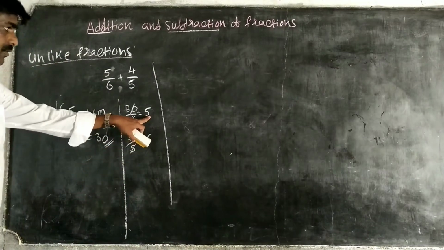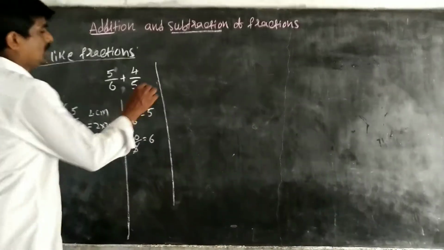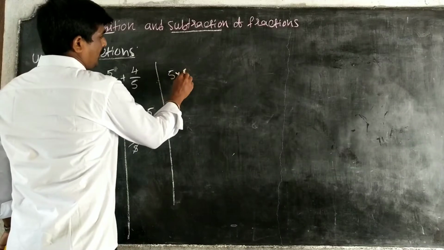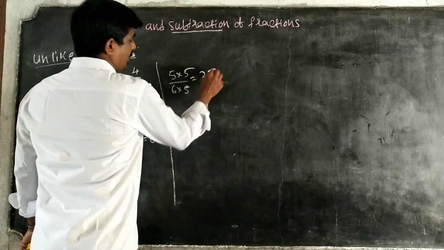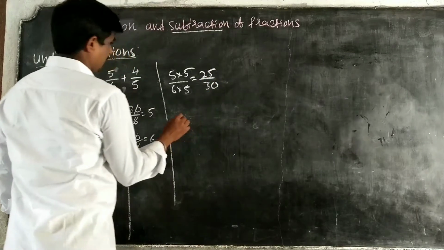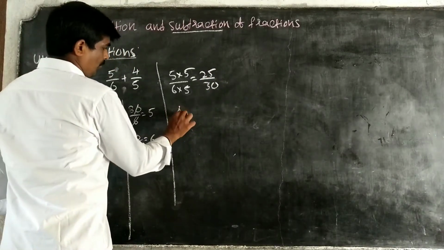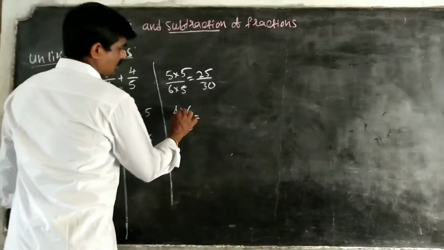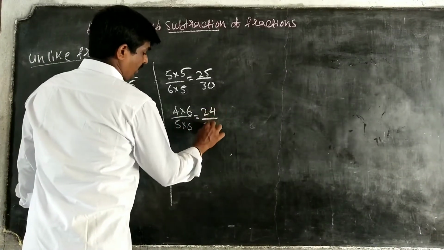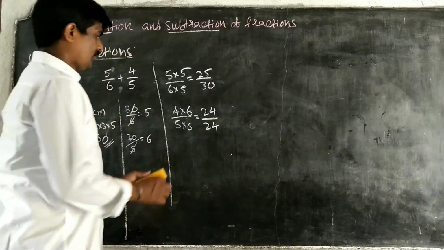So first this quotient into numerator and denominator: 5 into 5, 6 into 5. 5 5s are 25, 6 5s are 30. Next 4: 4 into 6, 5 into 6. 6 4s are 24, 5 6s are 30.